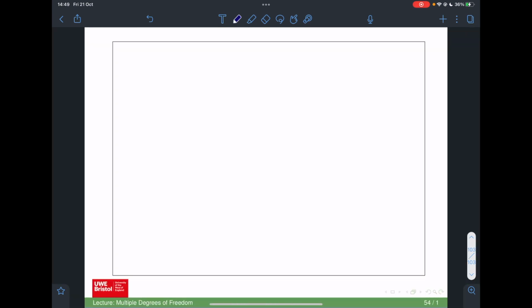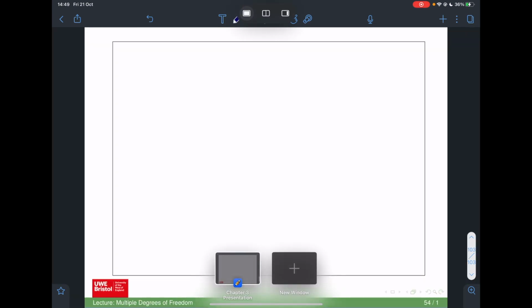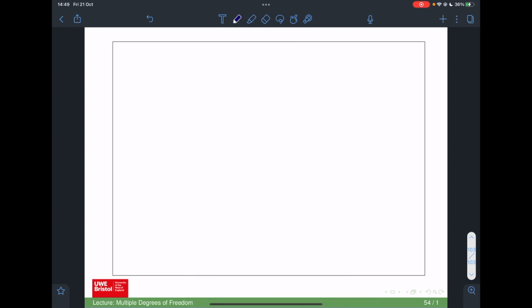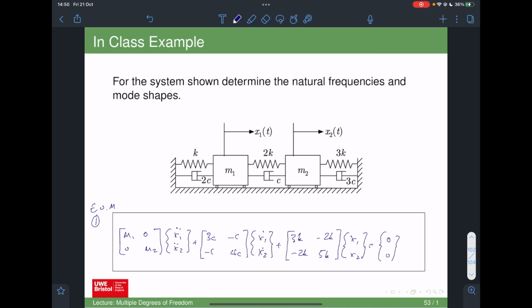So step 2. Find the natural frequencies. So on mechanical impedance matrix, when you've had a bit of practice, you can just go straight from the equation of motion, this one here.